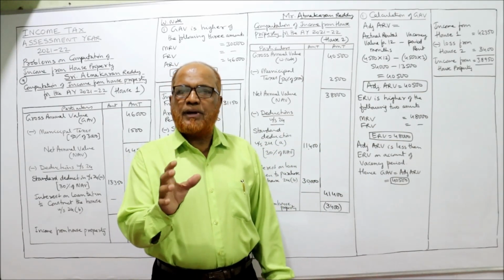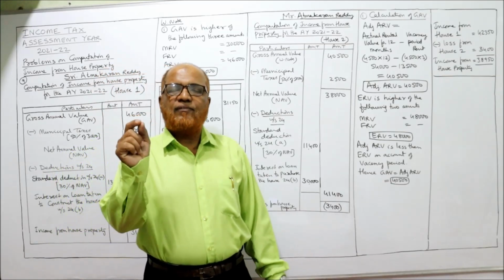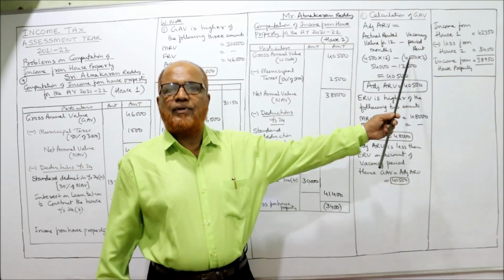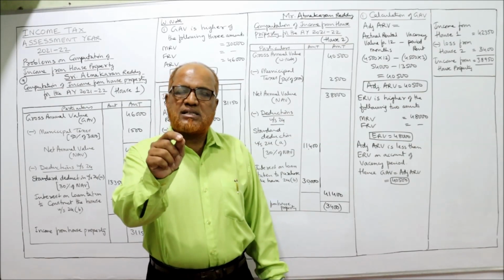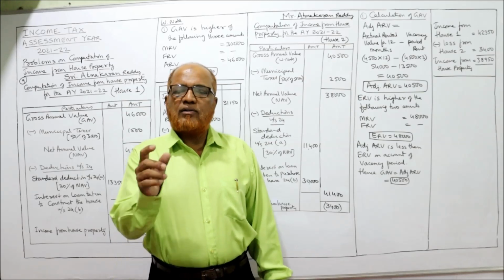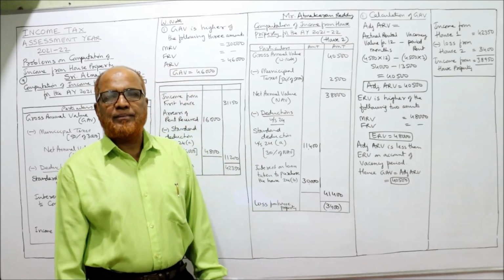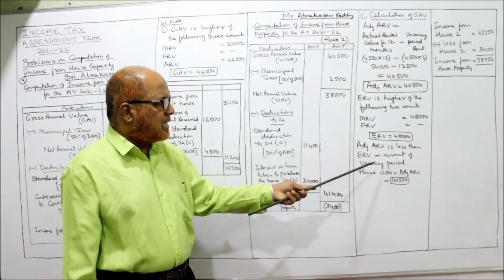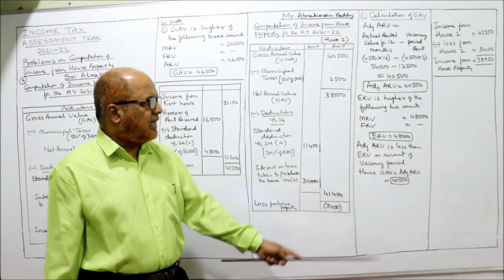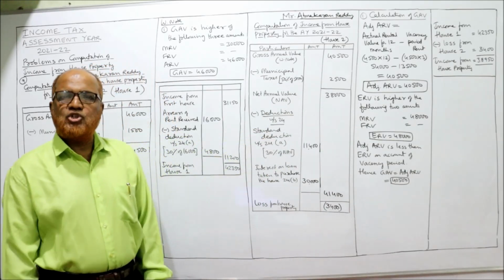In that case, the Income Tax Act says if the adjusted ARV is less than ERV on account of the vacancy period, then whatever adjusted ARV is there, that itself is the GAV. Don't take the higher. So here, adjusted ARV is less than ERV on account of the vacancy period. Hence, GAV is equal to adjusted ARV, that is 40,500.